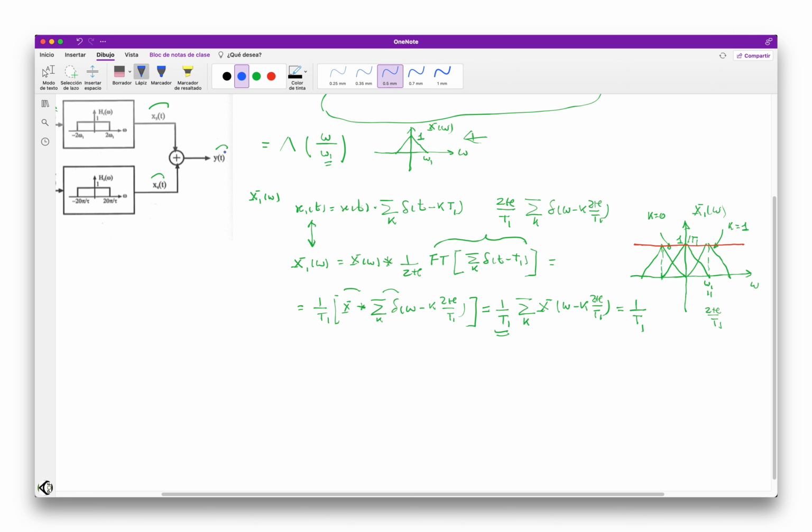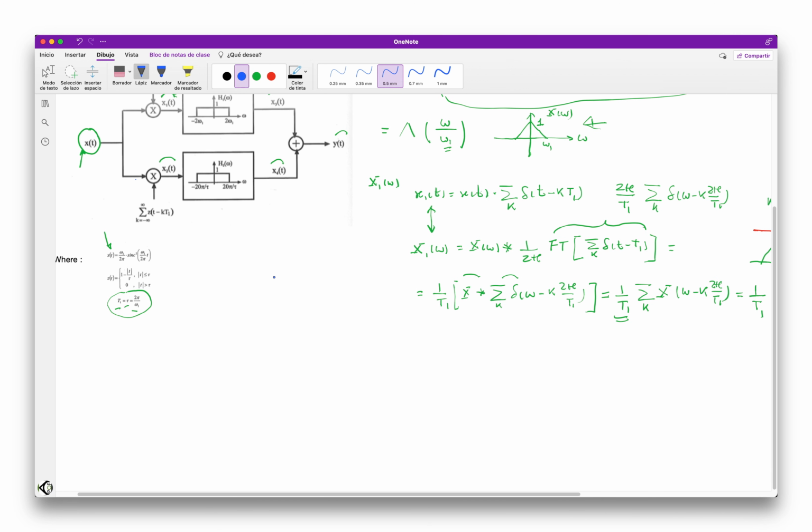Let's go for x2. x2, as you can see over here, is on the lower branch. x2 of omega, we are going to calculate. So x2 of t gets multiplied by this function, which is another train of set functions, also separated T1 apart. Let's try to picture this train of set functions.